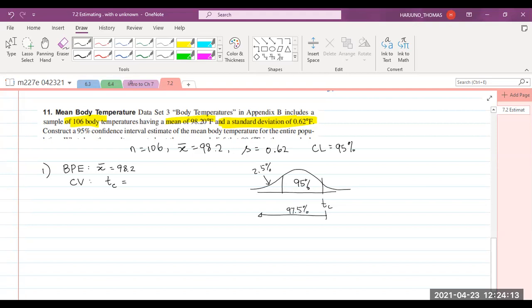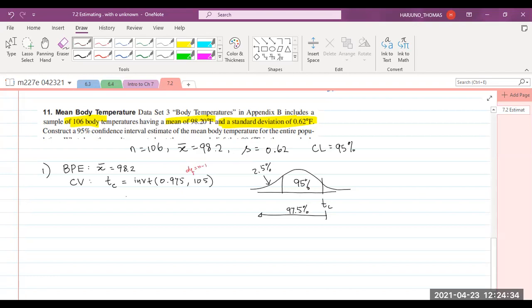So the calculator notation will be inverse T, not inverse norm, 0.975, and the degrees of freedom is 105. Again, the degrees of freedom is 1 less than the sample size.